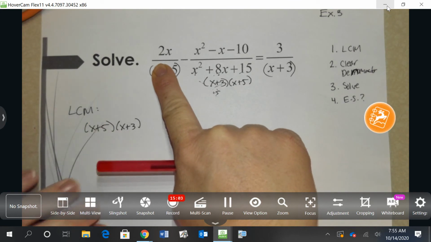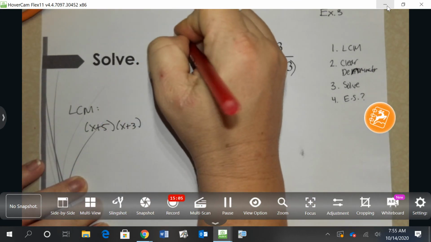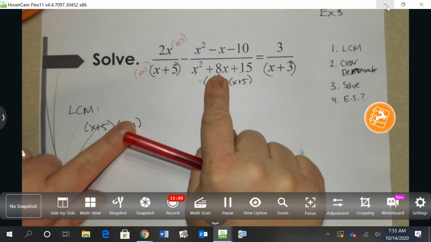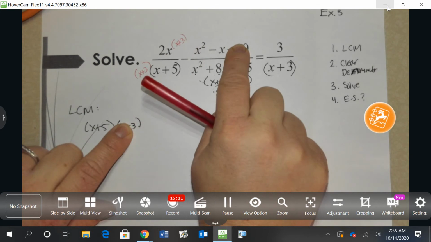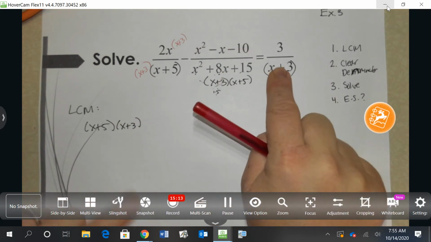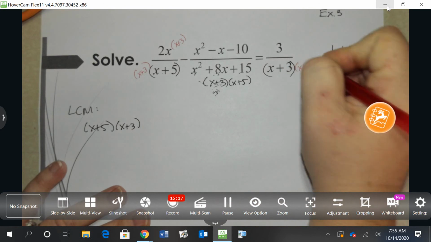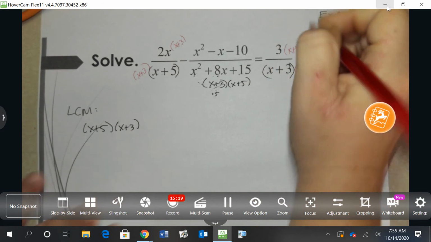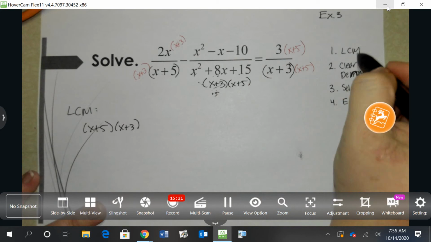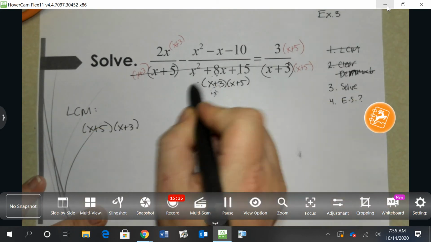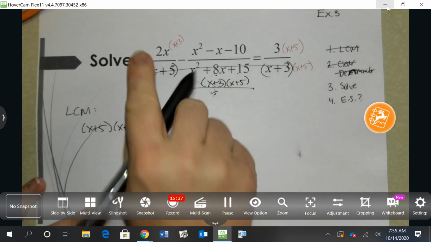It's missing an x plus 3. X plus 3, x plus 5, this is missing nothing. X plus 3, it's missing an x plus 5. I found the LCM. Now I get to clear the denominator, and now I get to solve.